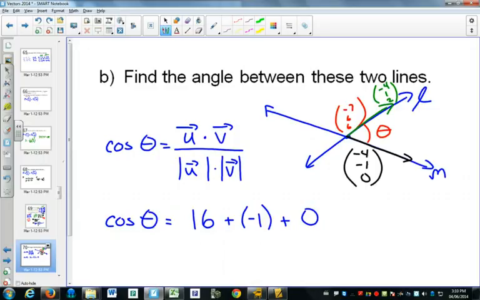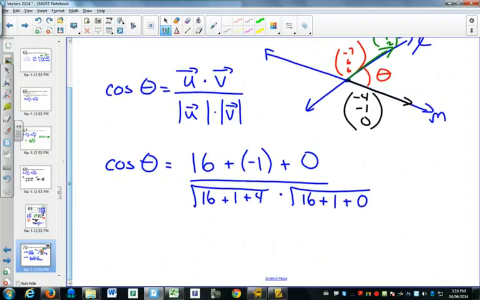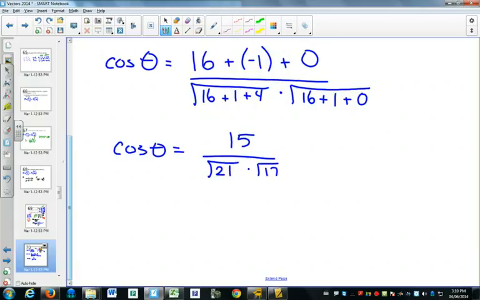Over the length of U, which will be the square root of negative 4 squared is 16 plus 1 plus 4. And our second one, negative 4 squared is 16, negative 1 squared is 1, 0 squared is 0. And so we have cos theta is 15 over root 21, root 17.